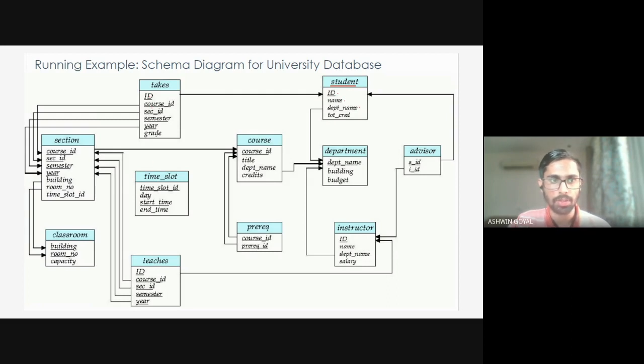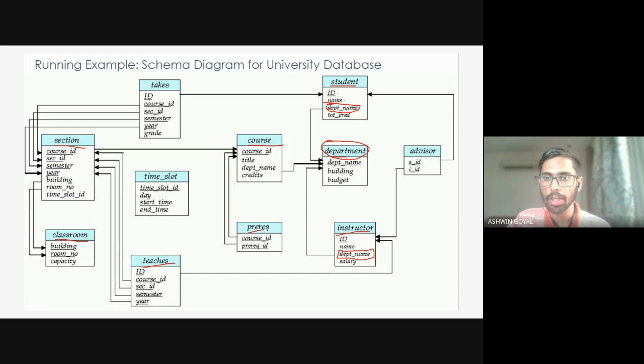Then there's a section table, a course table, department, a teachers table also, classroom, instructor, prerequisites, time slot. All of these are linked to each other. For example, student is linked to the department through department name. Then the instructor table is linked to the department table.